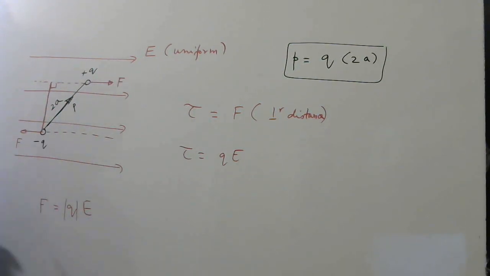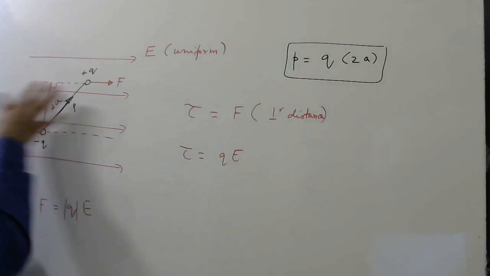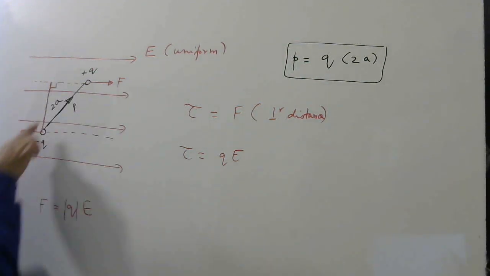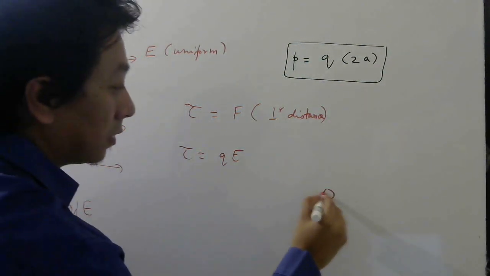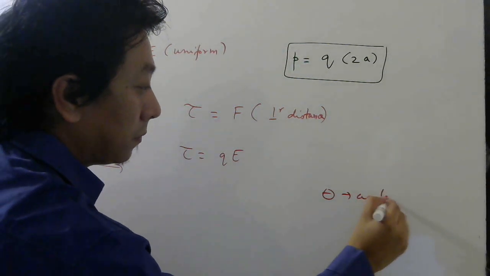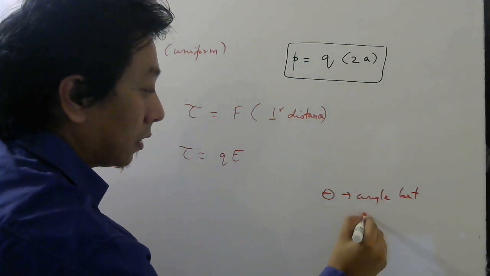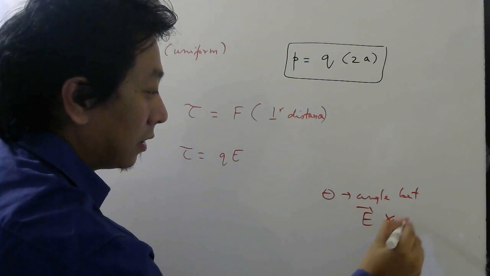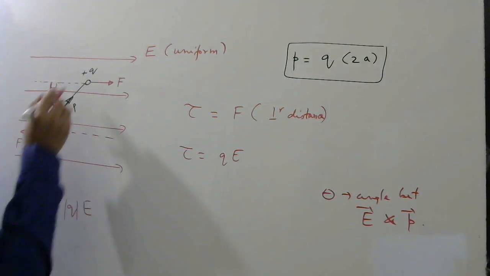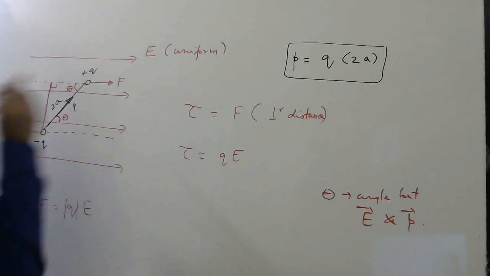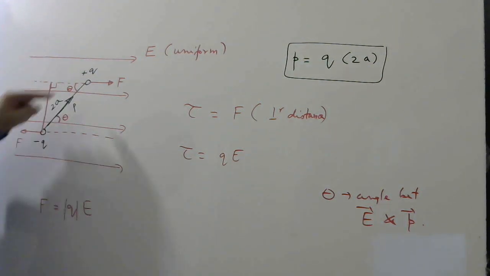So you can see the angle between electric field lines and dipole moment, which is from minus q to plus q, is theta. So theta is angle between electric field and dipole moment. Okay, keep this in mind. Now if that is theta, this is also theta. Yes or no? Alternate angles.